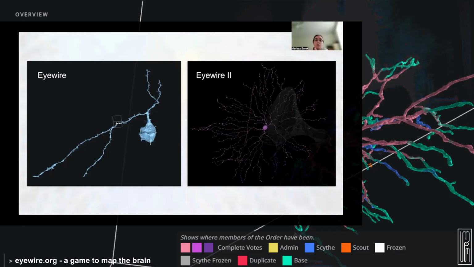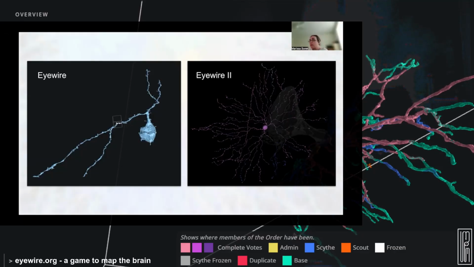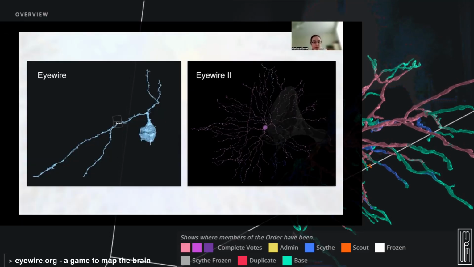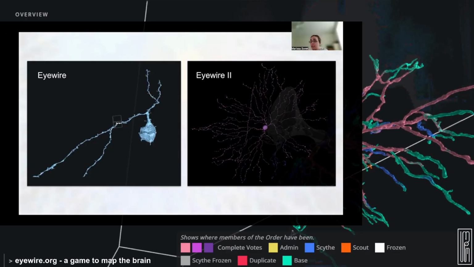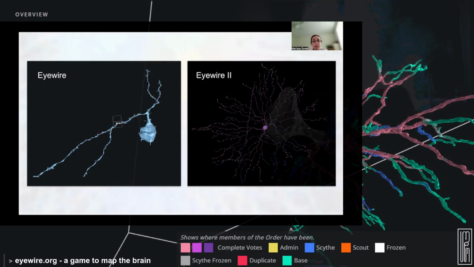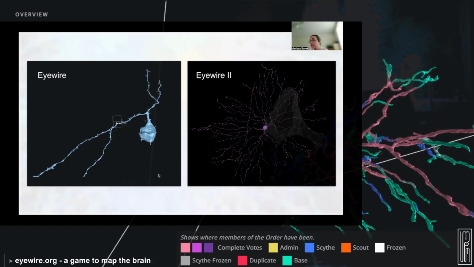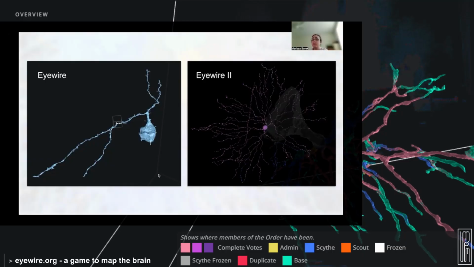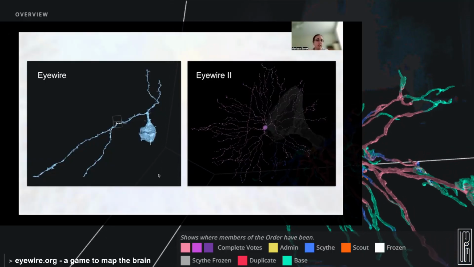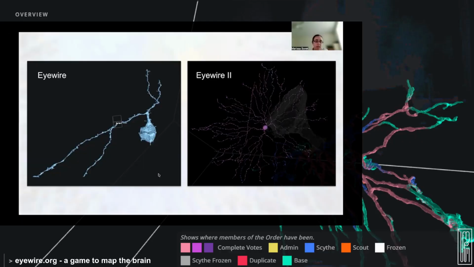So we find with these EyeWire 2 cells, they're about somewhere between 80 to 90% fully reconstructed already by what we call the AI, or by the computer. And so kind of what everyone is coming in with is they're finishing, you're coming in to do that last 15 to 10% or so of getting the cell to a state of relative completion.